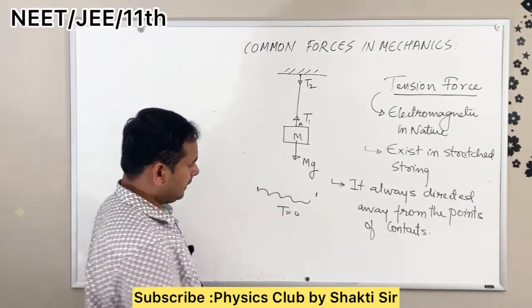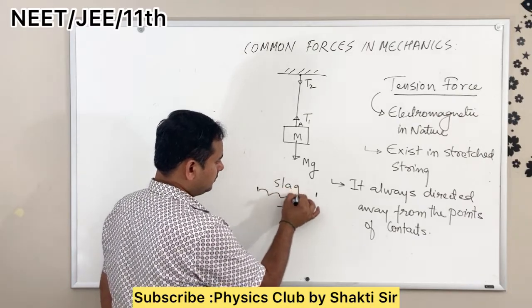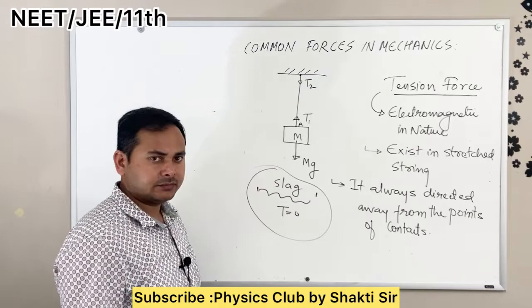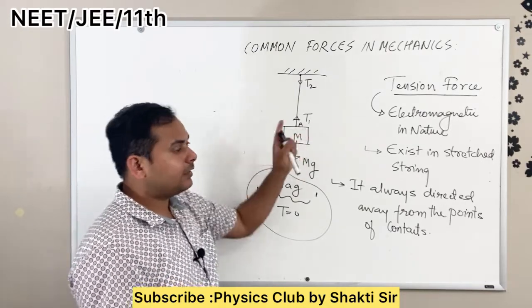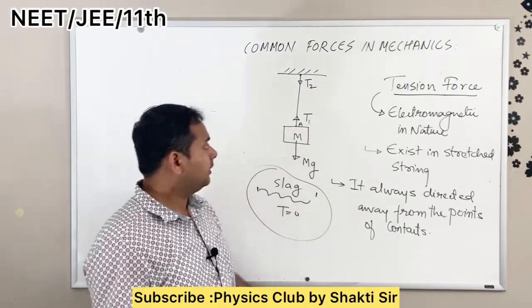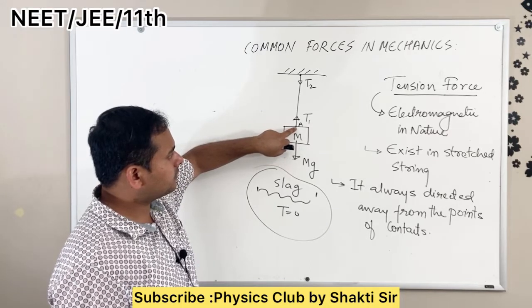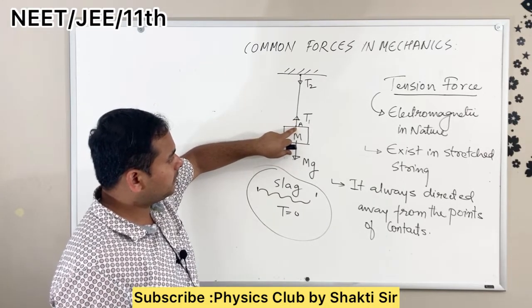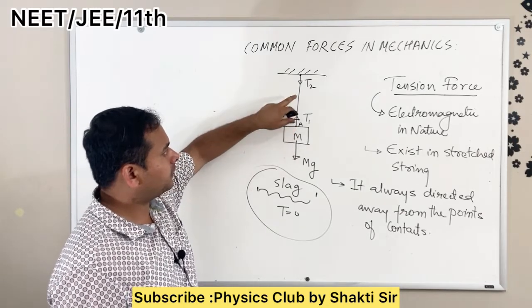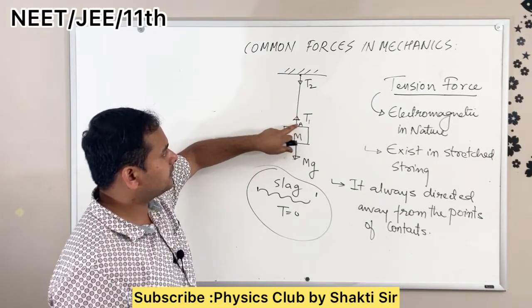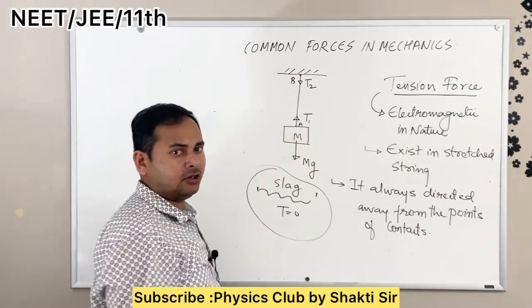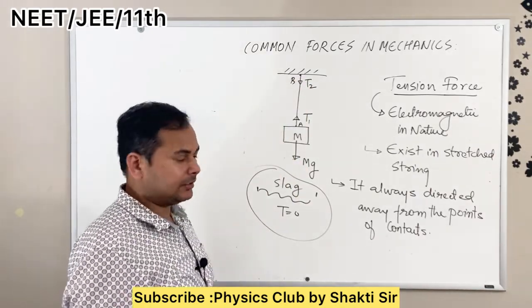So in the slack situation, tension is 0. In the stretched situation, tension is generated. So I am saying this tension force is always directed away from the points of contact, as here at point A it is directed upward and at B it is directed downward in the string, inside the string.